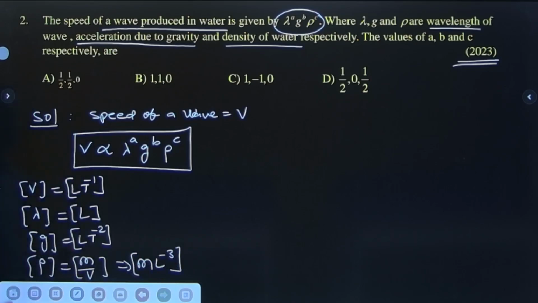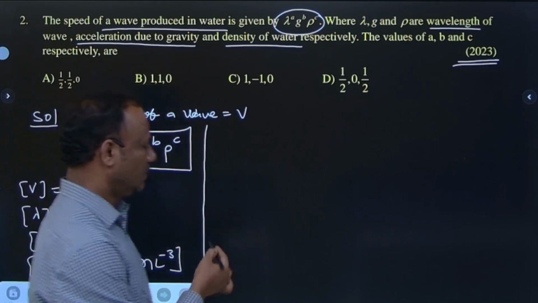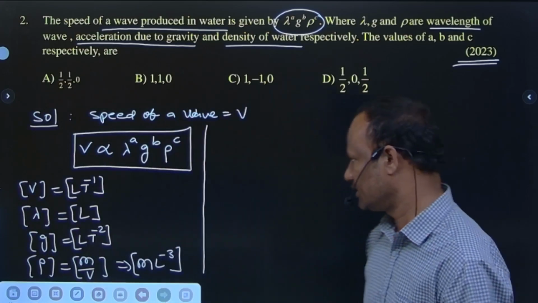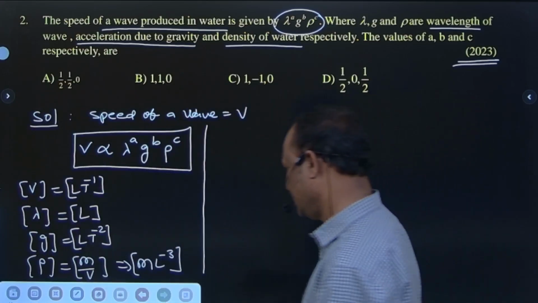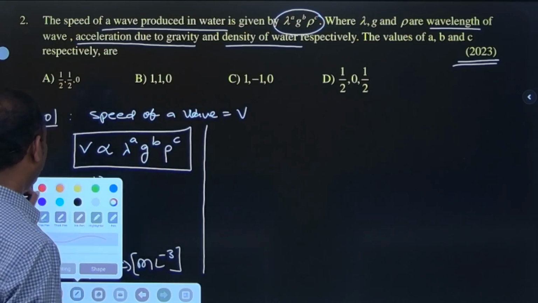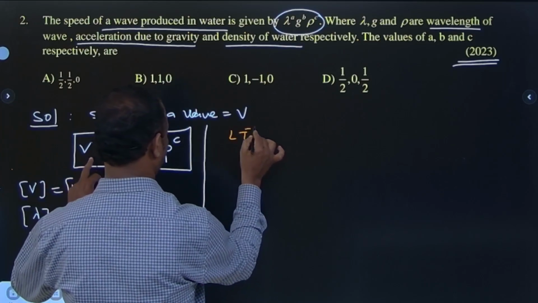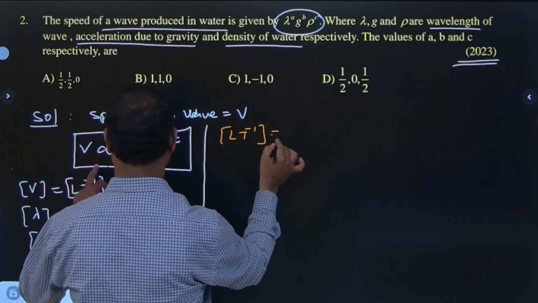Now we can substitute in the given relation, using dimensional analysis to find the relation between physical quantities. V is LT inverse.